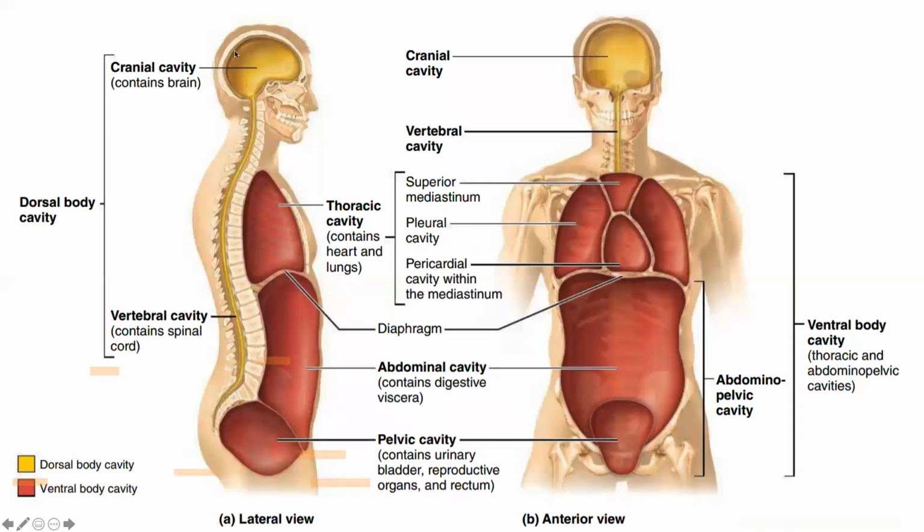In the spinal and cranial cavity, we have our brain and spinal cord. The ventral body cavities include the thoracic cavity, abdominal cavity, and pelvic cavity. So we are going to concentrate on the abdominal cavity.